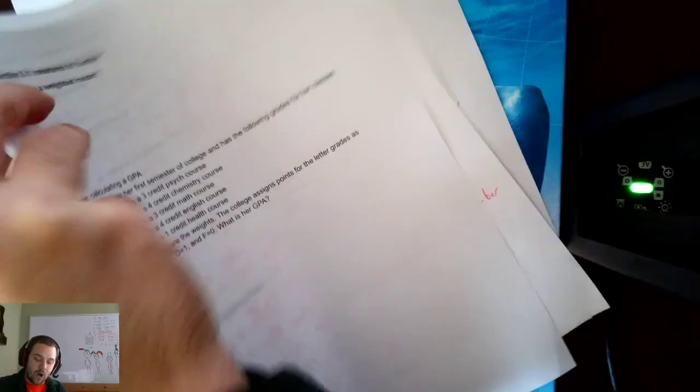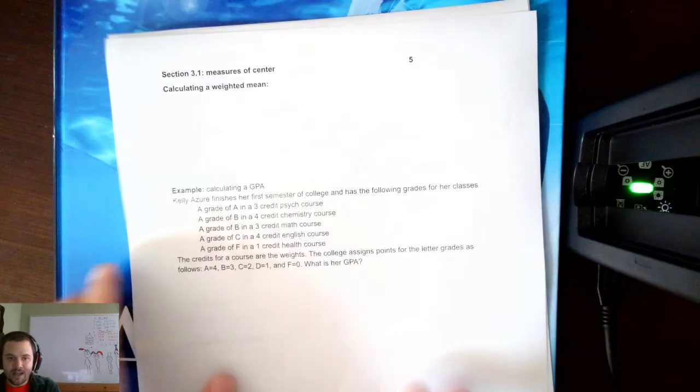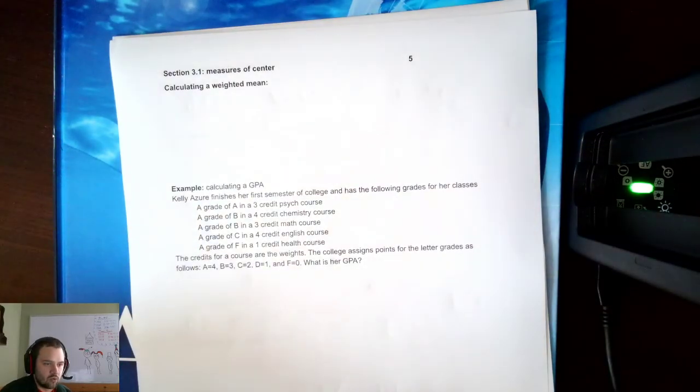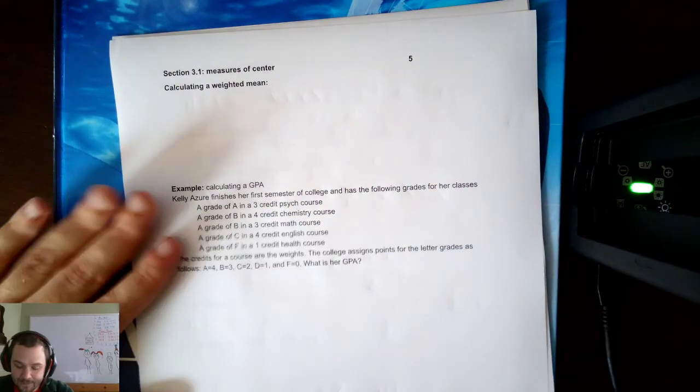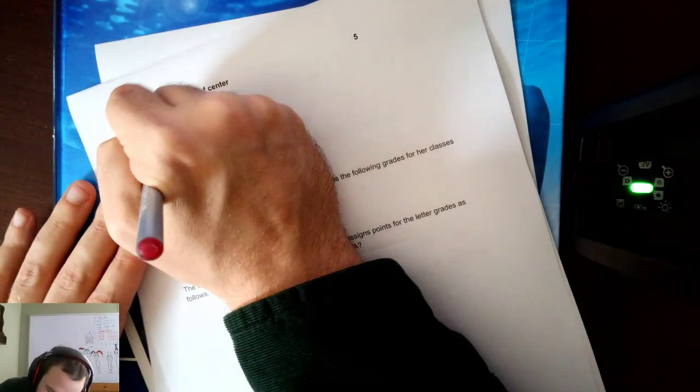Now, we have one last formula and one last idea, and that is the so-called weighted means. Now, weighted means are values that have a bit of a weight. So let's write the formula and then define it.